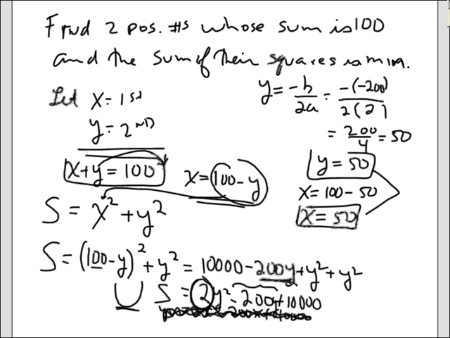It turns out, if you want the sum of the squares to be the least, then you let x and y be equal to one another. That's going to be true no matter what the sum is.